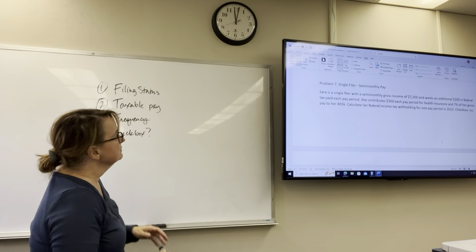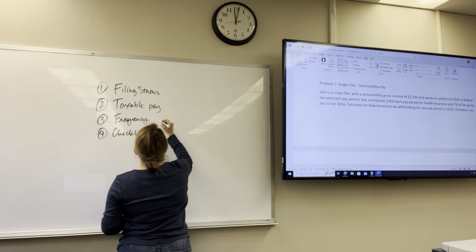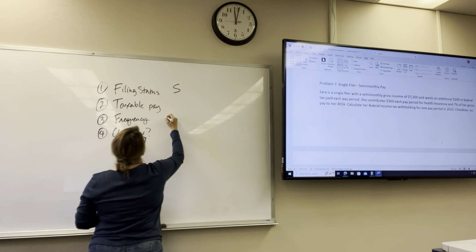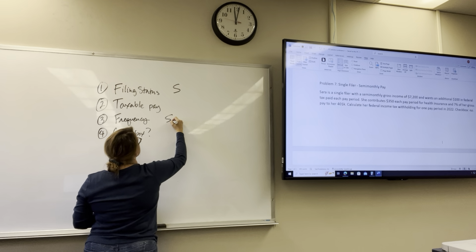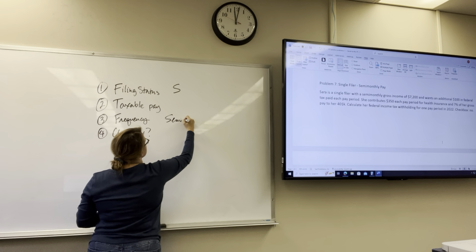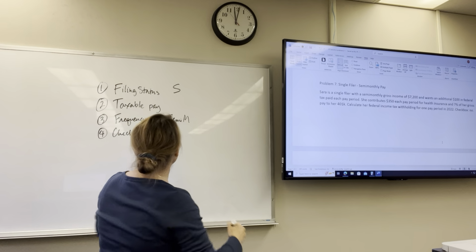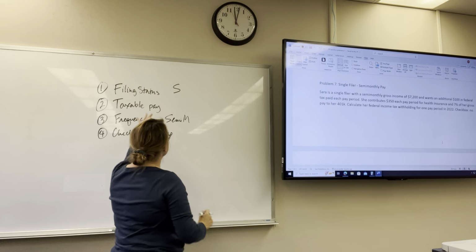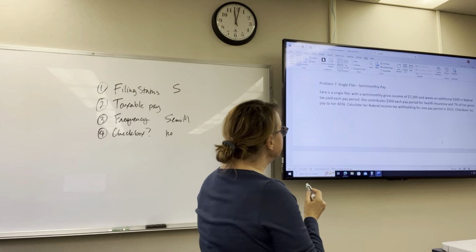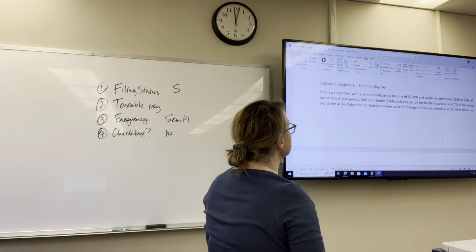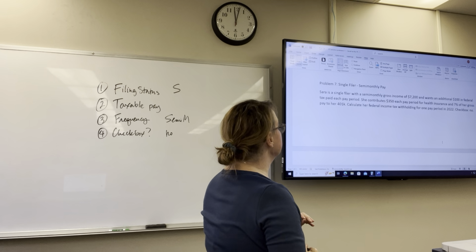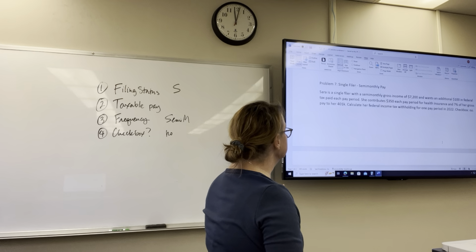Sarah, single, semi-monthly. So single. Semi-monthly. No checkbox. We've got to figure out that taxable pay though. Semi-monthly gross income was $7,200. She wants an additional $100 in federal tax paid each pay period.